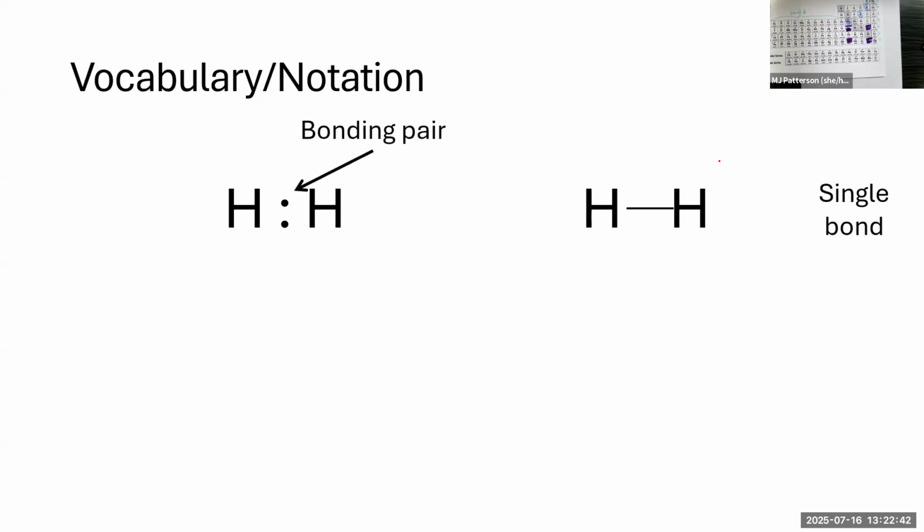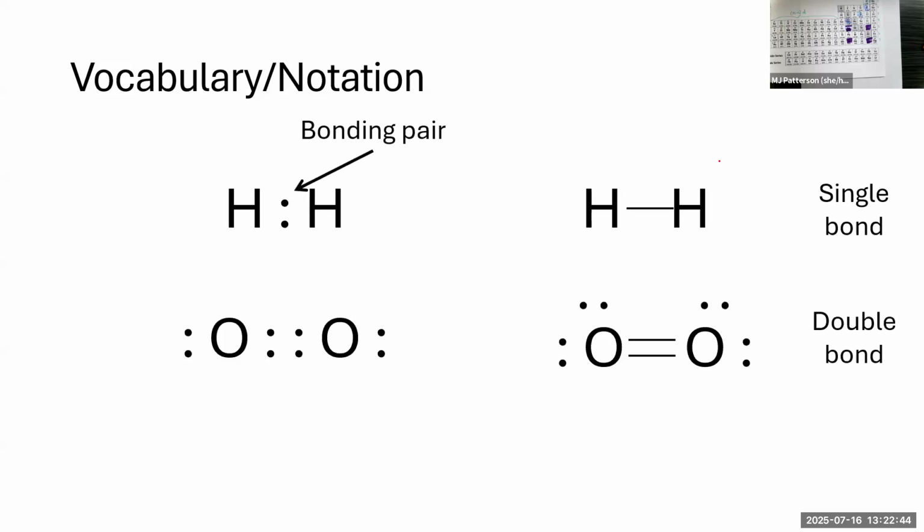That pair of electrons is referred to as a bonding pair. If you have two pairs of electrons, we call that a double bond. We also can have, in something like oxygen, what are called lone pairs. Lone pairs is kind of an older term. It seems like experts these days are calling them non-bonding pairs. Non-bonding actually comes from quantum mechanics.